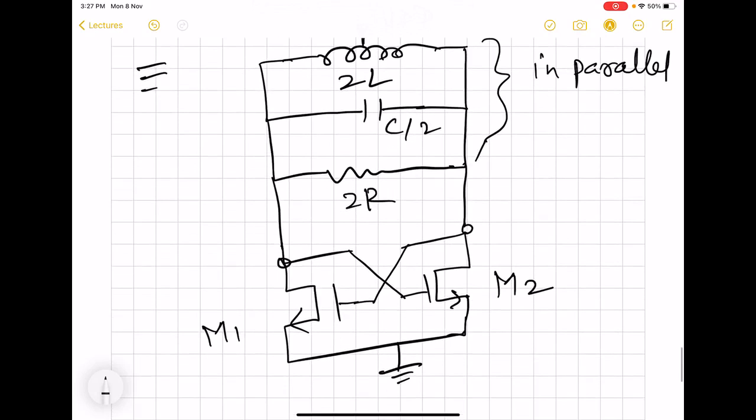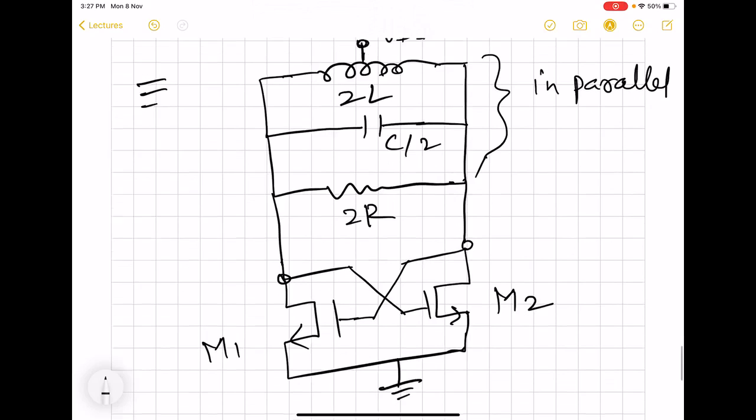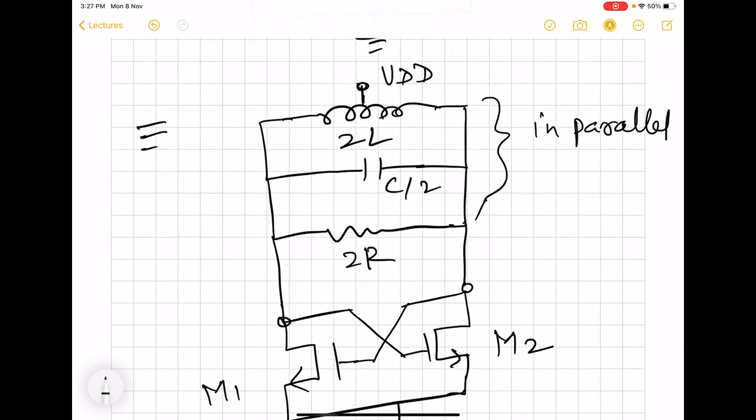So now we want to know what will be the oscillation frequency and GM at the oscillation, and we want to carry out this analysis using a negative conductance or resistance model, because we already have three elements in parallel.